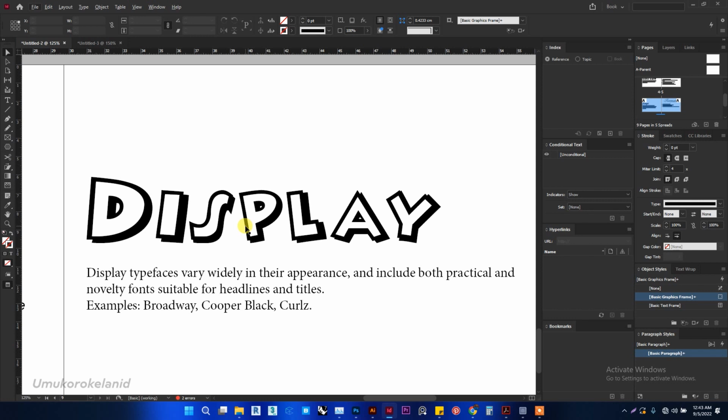The appearance is abstract most times. Some have specific appearances that we've seen in our everyday life, and they include both practical and novelty fonts suitable for headings and titles. We have a lot of them, and most of them are outdated.